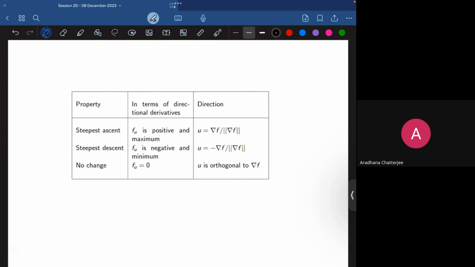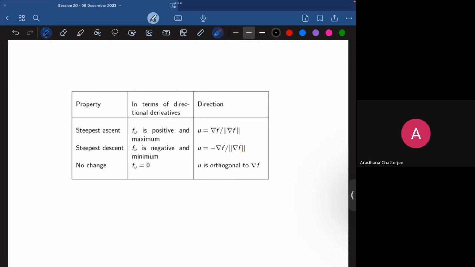Basically we're learning this maths so we can apply it to data, and data is going to have so many values. So here what you just have to know is that in terms of the directional derivative, there is no change to the function, the value of the function is going to stay put.